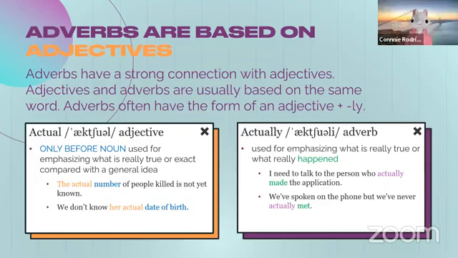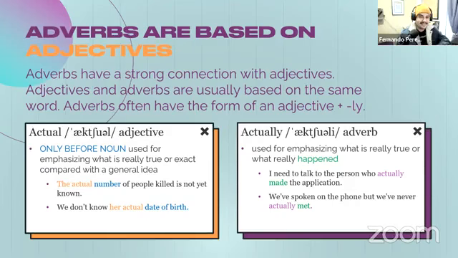I think that in the examples for actually it is more like emphasize, but like when someone is telling you something that is not true, and it's like, actually, it doesn't happen like that. Completely.